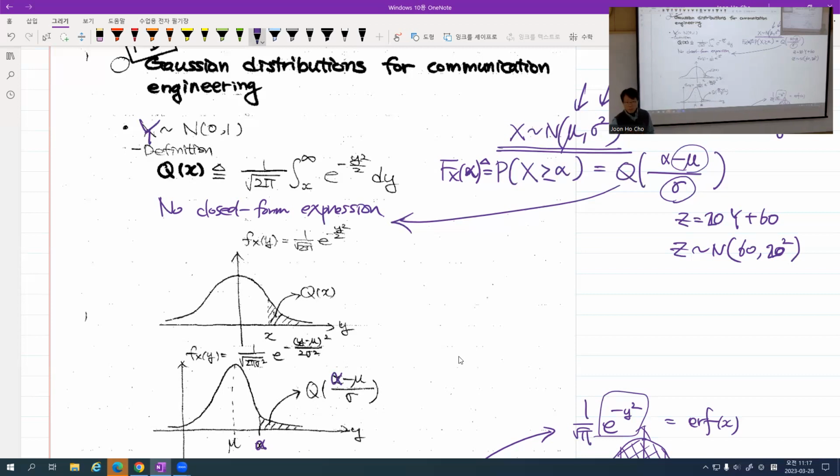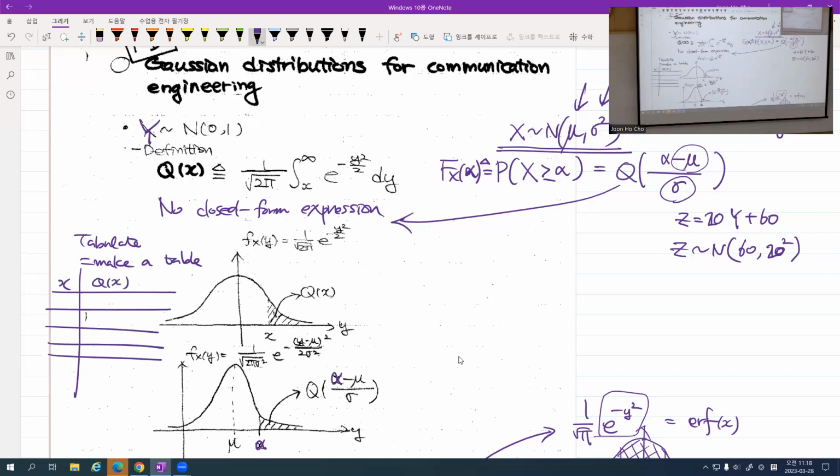So what do we do? What have our ancestors done? They tabulated, which means they made a table. So here, this is x, and this is Q of x. They have 0, 1, 2, and as far as they want to go.